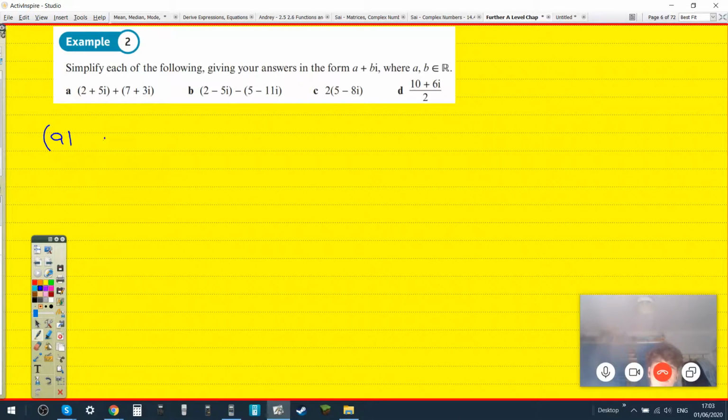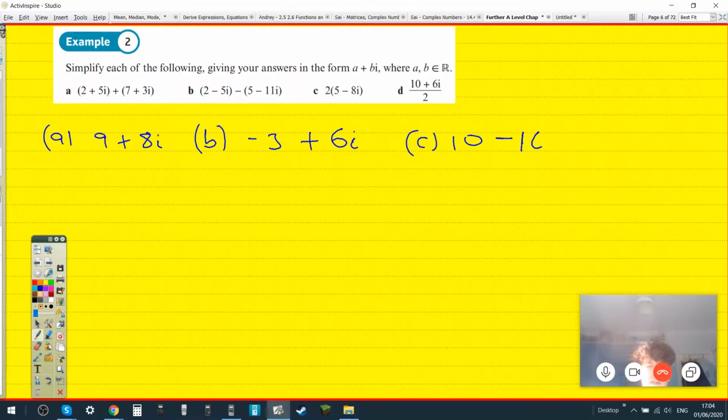How about this one? How do you do these? A plus bi. So would it just be simply adding the like terms? So 9 plus 8i for the first one? Yep. Okay, let's do all of them. The second one would be minus 3 plus 6i. I believe so. C, 10 minus 16i. And then D, 5 plus 3i. That's right.